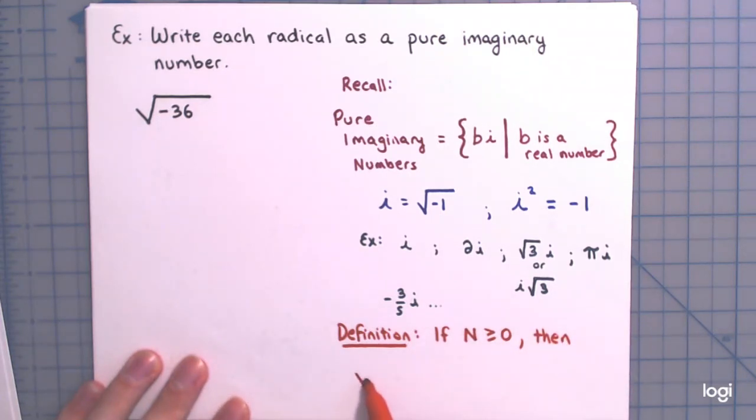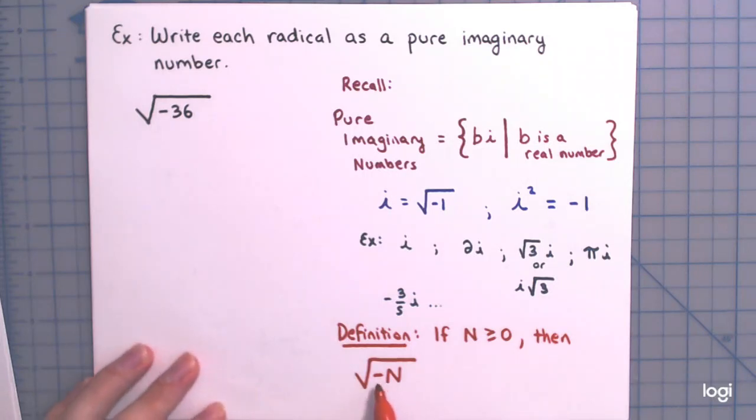Then when you see the square root of the opposite of this, of negative n, n is non-negative, but I put negative n, the opposite of n, in this radicand. So this is a negative number, negative n.